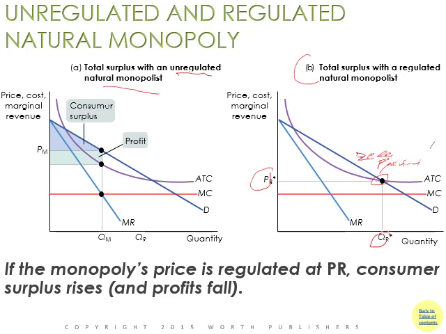And in this example, you'll see that the regulated price is much lower than the price that the monopolist would have an incentive to charge if they were allowed to charge the price point that maximized their profits. And we can also see that the amount of consumer surplus generated through this type of regulation increases substantially.